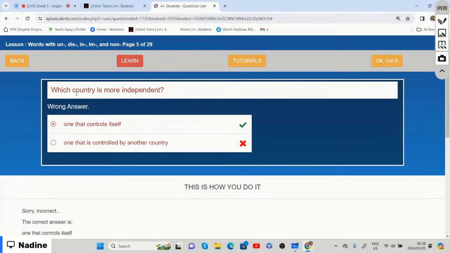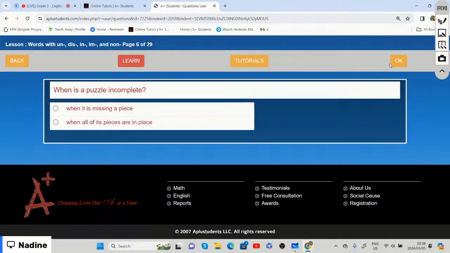So it says which country is more independent, and here we're saying this one that ticks. It says one that controls itself, right? So that is actually, for example, the correct one. One that controls itself.